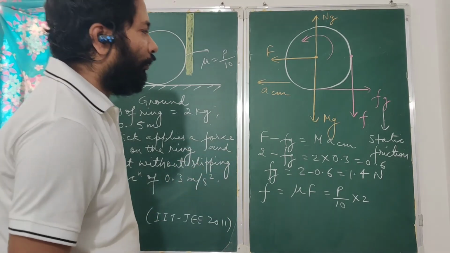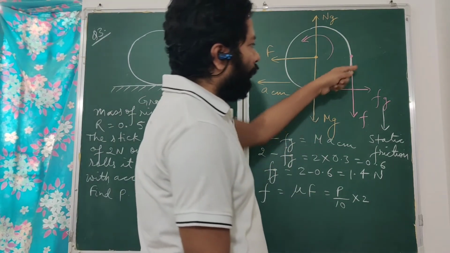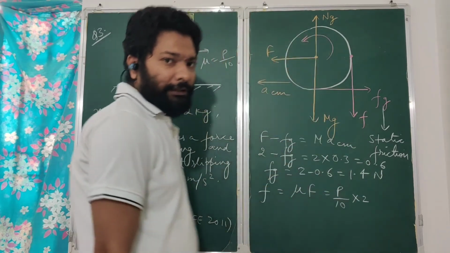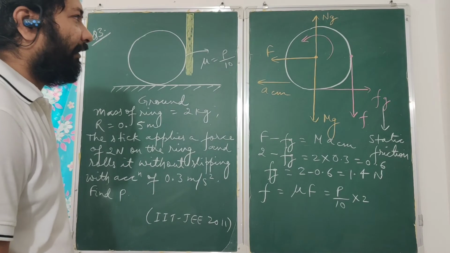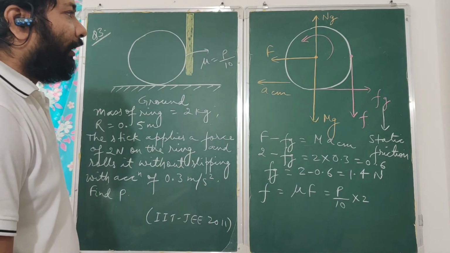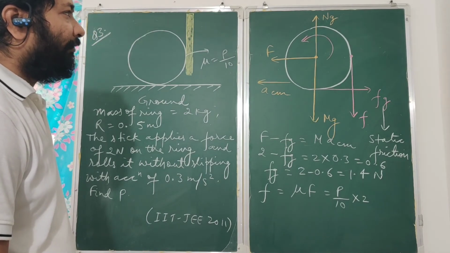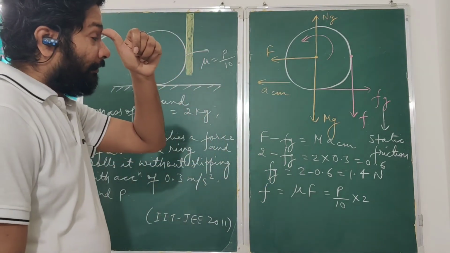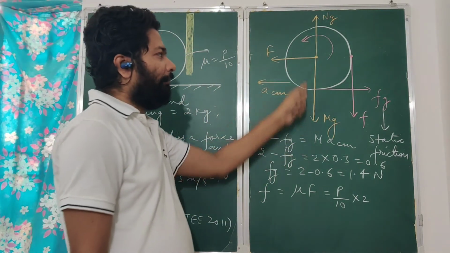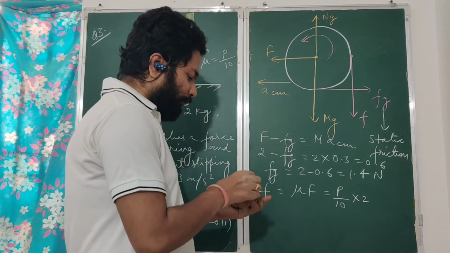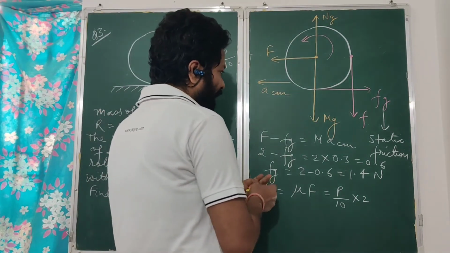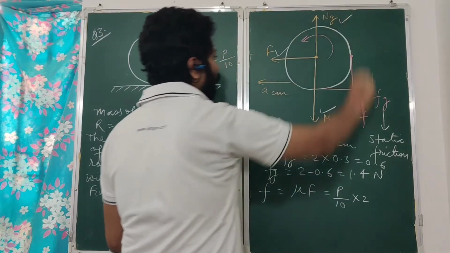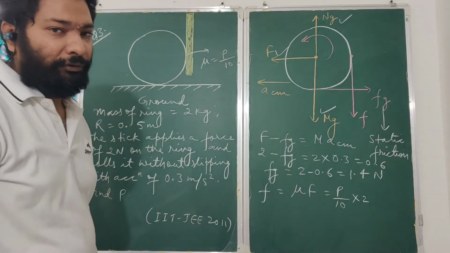Now we have talked about the force. Let us talk about the torque. Can we find the torque which is acting here? So torque about the center of mass. First see which forces are passing through the center of mass. You can see mg is passing through center of mass, this F is passing through center of mass, and the normal reaction from the ground is passing through center of mass.